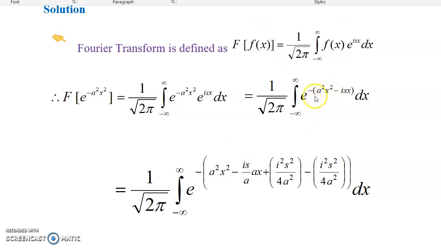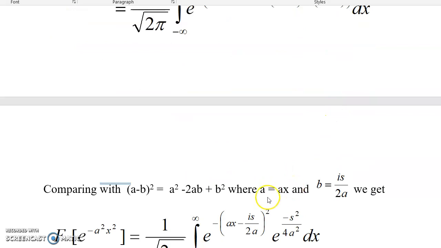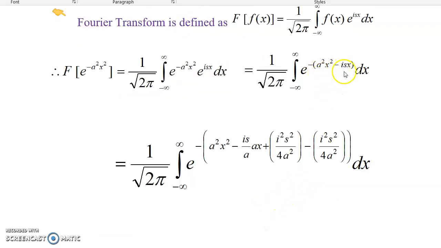If this is a squared, a will be ax. So that's what we have written here. A will be ax. So if a is ax, here one a will be there. This is 2ab. So a is ax. So multiply one ax. Since we have multiplied a, we have to divide by a to compensate it. So this ax will be a. So this will be 2b.